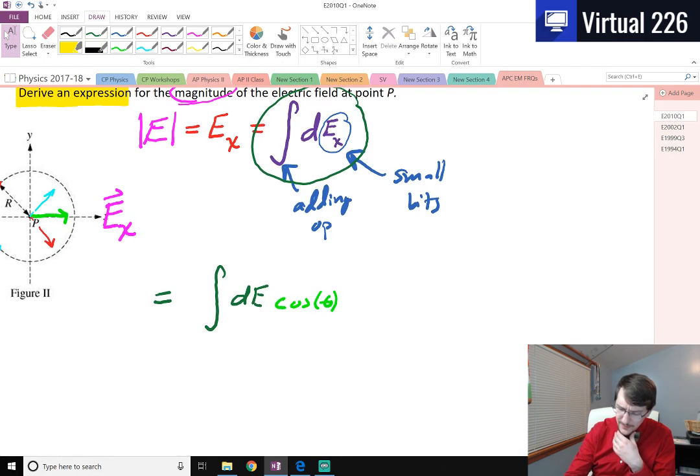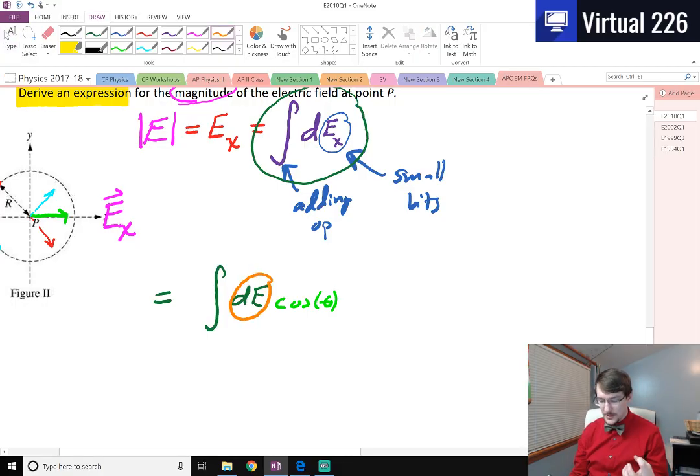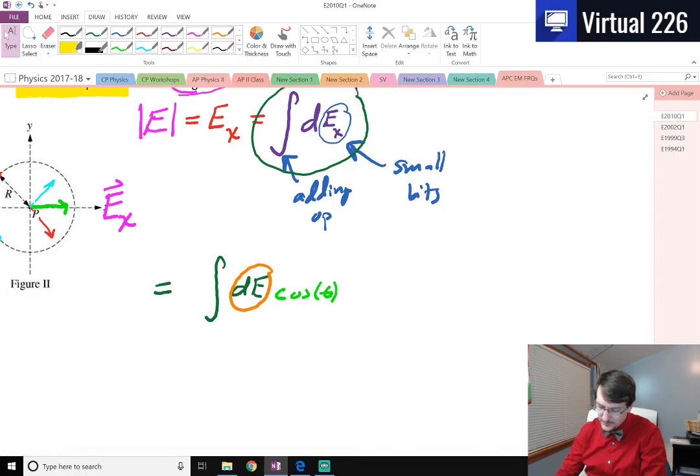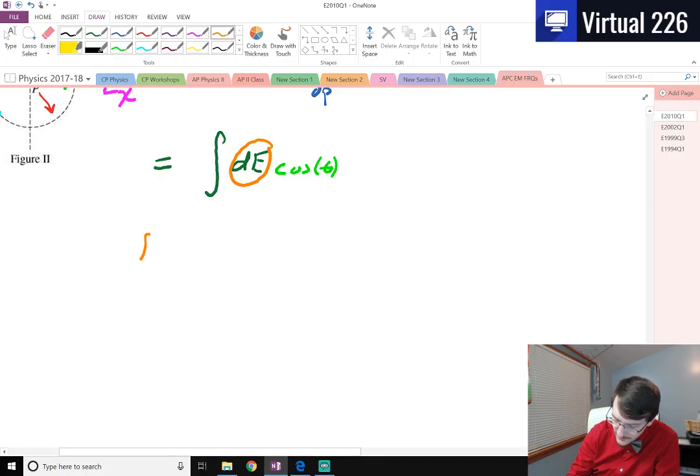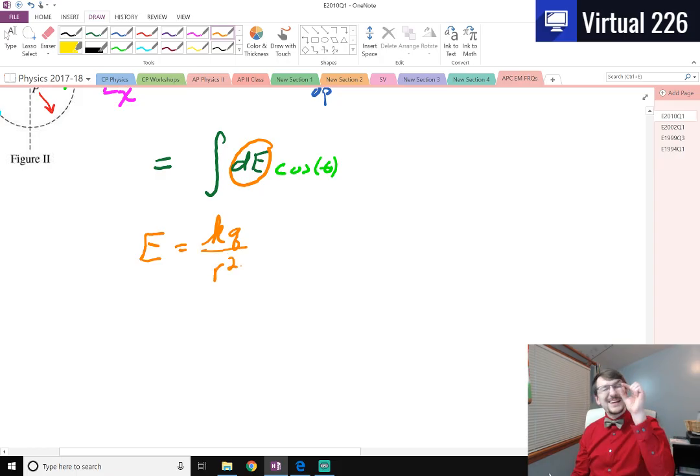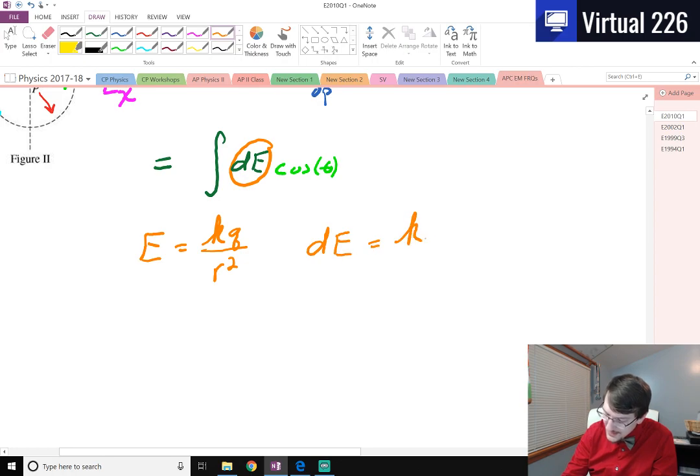Well, if we think about what the electric field pieces are, a tiny bit of charge is giving an electric field. And we know that in general, an E field is kQ over r squared. So a tiny bit of E field is given to us by a tiny bit of charge. We can say that a tiny E field is given by k and then a tiny bit of charge, dQ, over r squared.